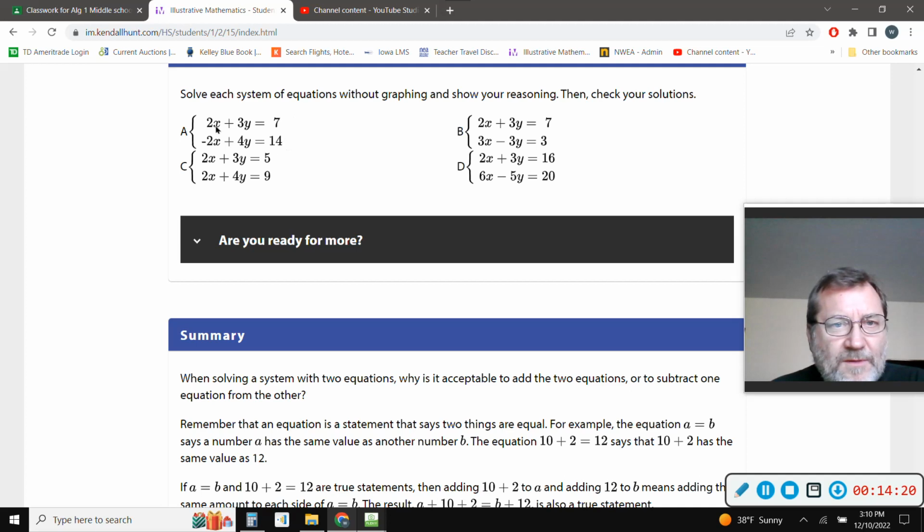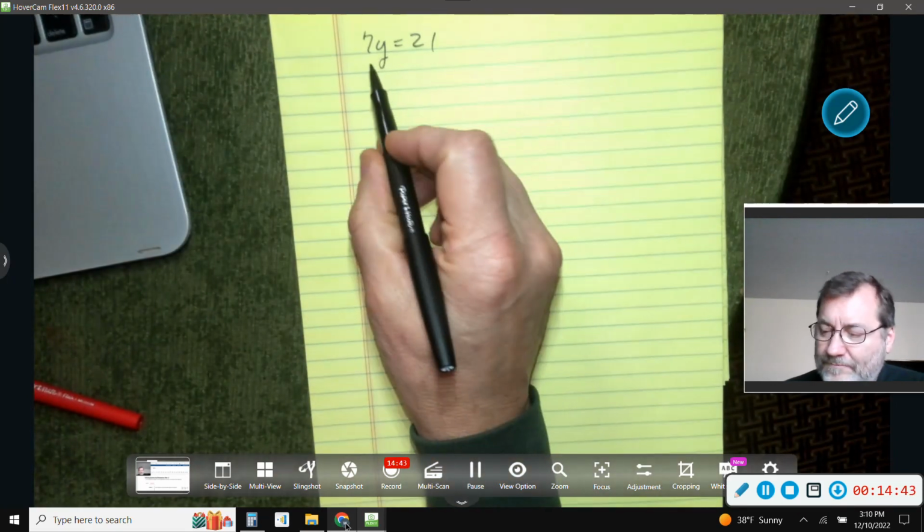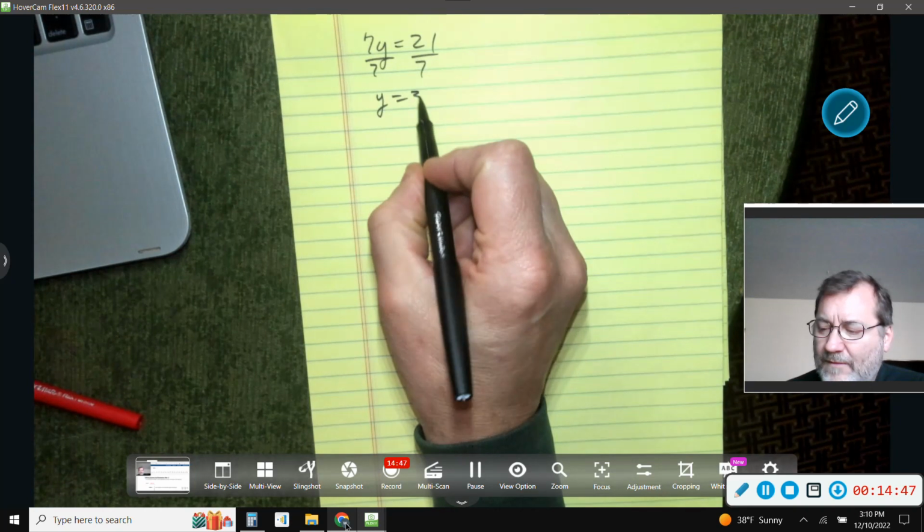If you add these up to do elimination, the x terms go away. 3y plus 4y is 7y, and 7 plus 14 is 21. So you have 7y equals 21. Divide both sides by 7 and y equals 3.